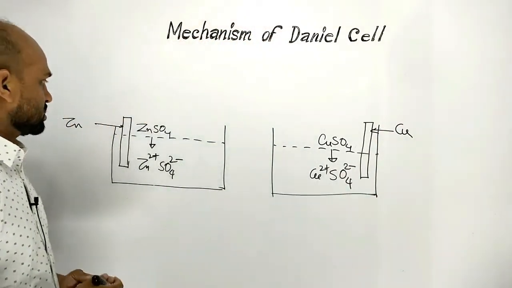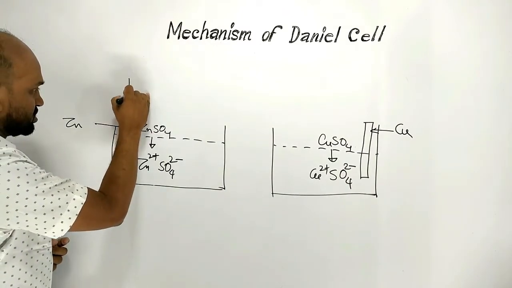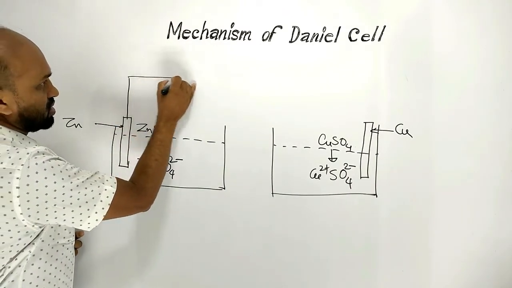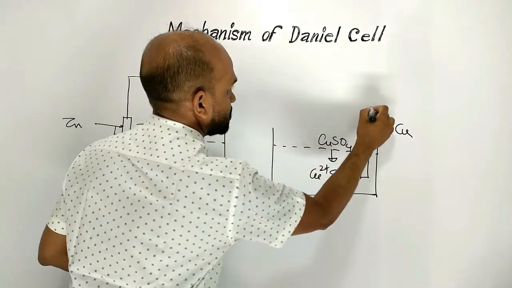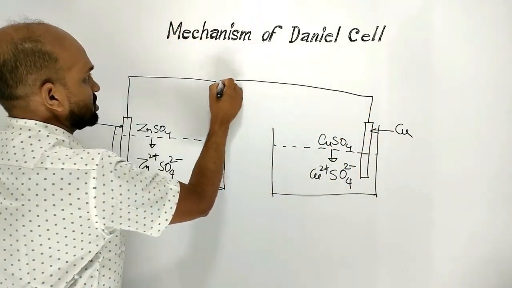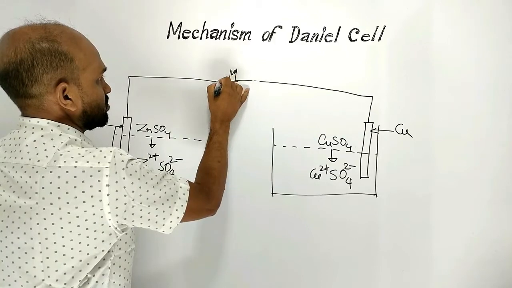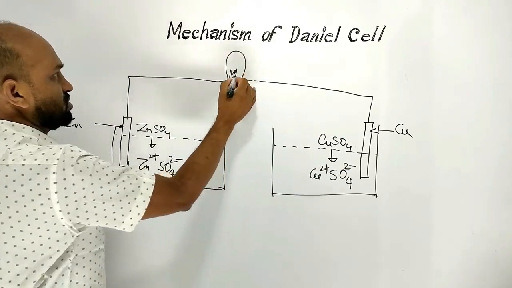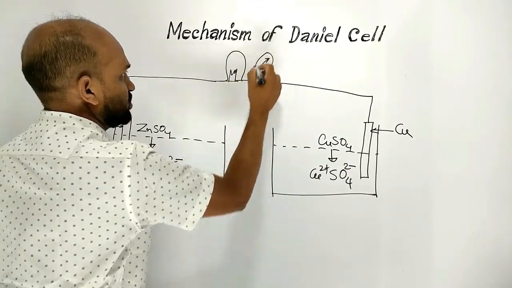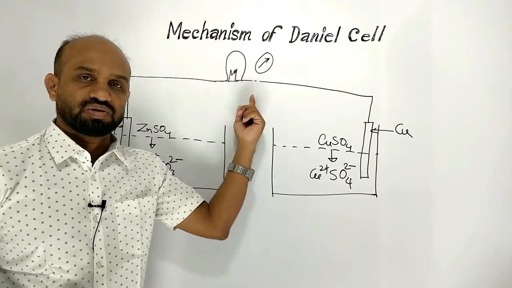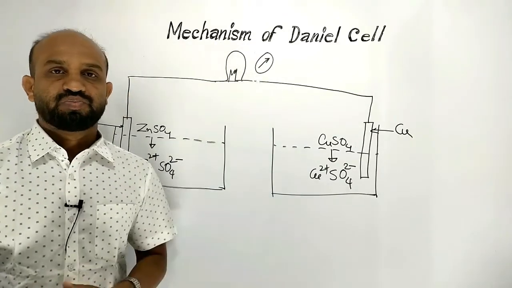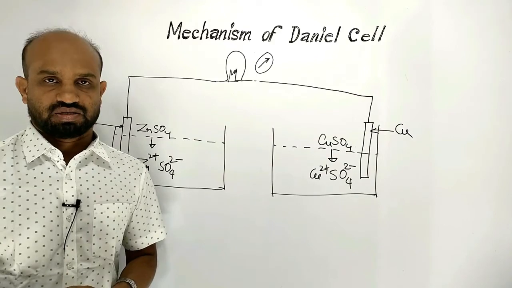Now, these two metallic bars are connected with a wire with a bulb or galvanometer or ammeter to detect the presence of current or electricity.